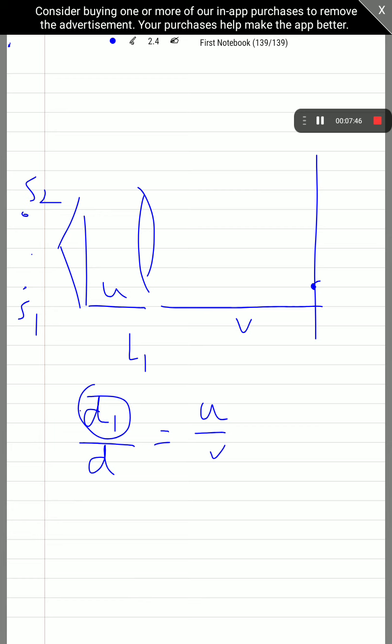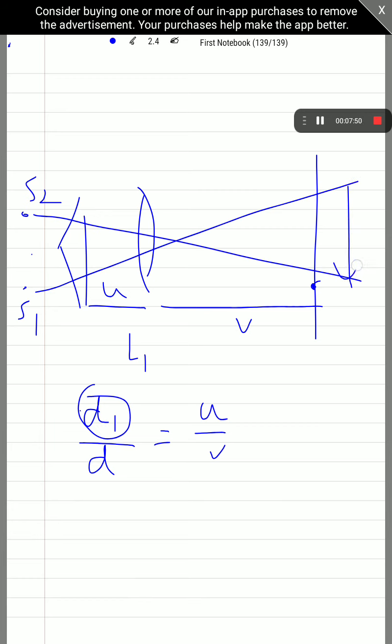Light is going in this way, and this is D1. D1 is the measured distance, small d is the actual distance, and U and V are the distance between the source and the convex lens and the distance between the image and the convex lens.